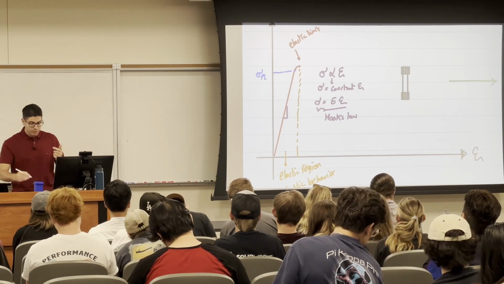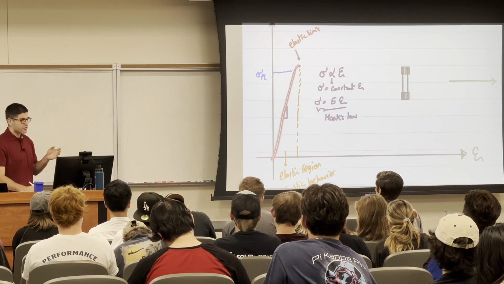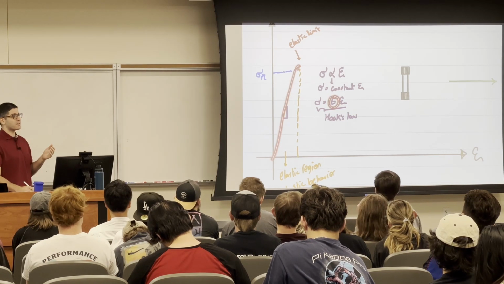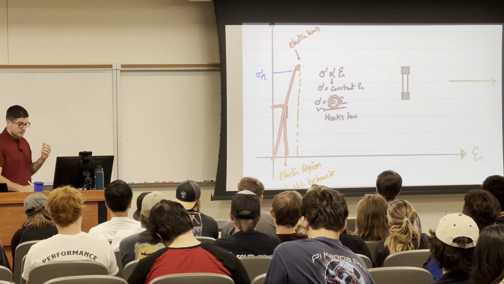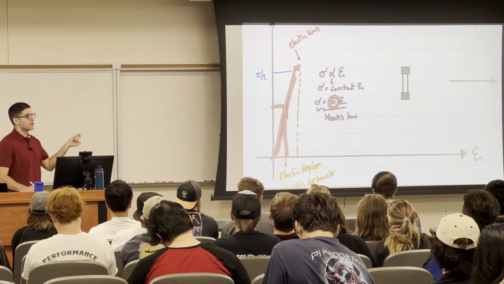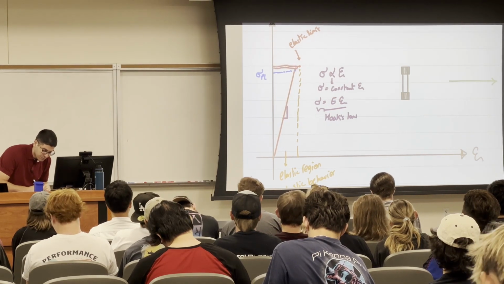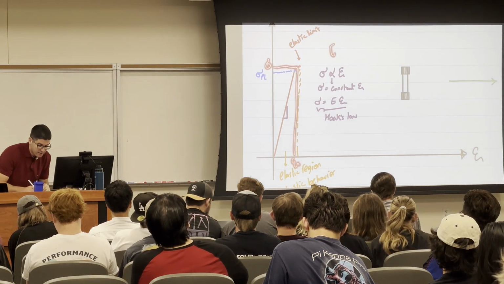So if I give you this relationship, for example, in the exam, or you see it on the site, and you want to figure out the modulus of elasticity of that material, what I want you to do is pick any 2 points in the linear elastic region. Don't go past the proportional limit. Say this is the stress, and over this strain, and I can get the modulus of elasticity.